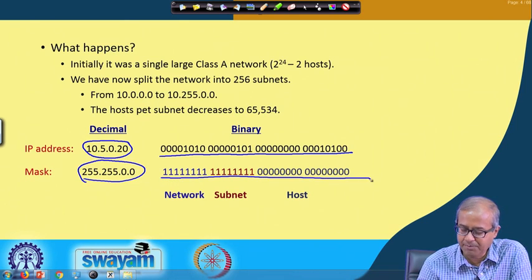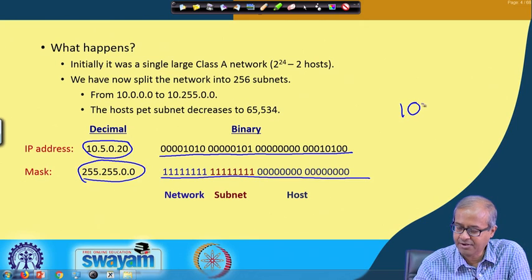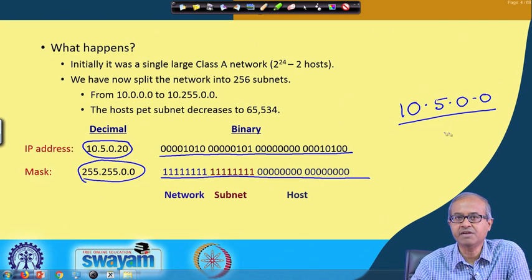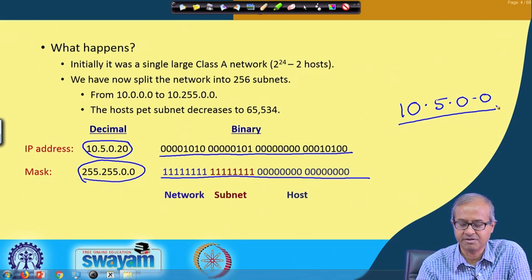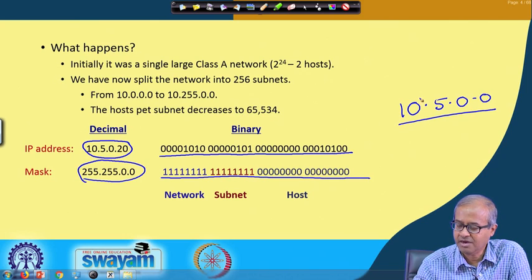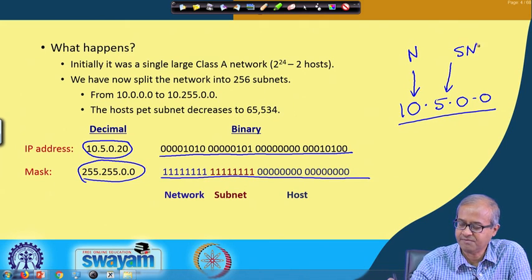So, if I do a bit by bit AND again, I will get 10.5.0.0. This will give you my subnetwork number. Already, because this is a class A network, I know that this is my network number. So, whatever remains, that will be my subnetwork, this 5.